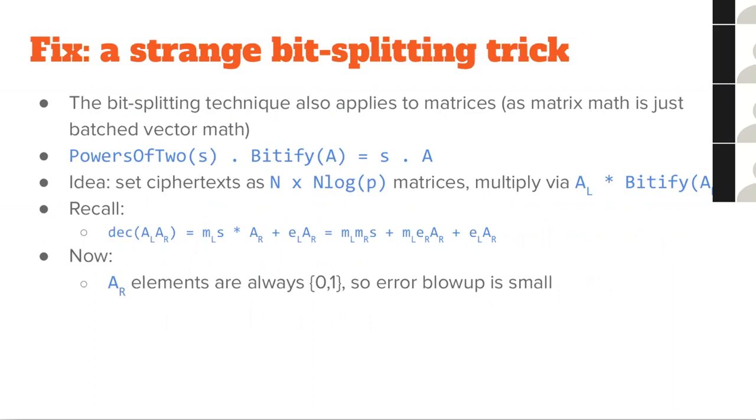Right. So basically, the idea here is that Bitify is guaranteed to always contain zeros and ones, right? I think I might have a good intuitive answer. First of all, powers of 2 reduction and Bitify are kind of opposites in some sense, right? So if you Bitify something, then you can multiply it by a matrix which converts it back into the pre-Bitified form.